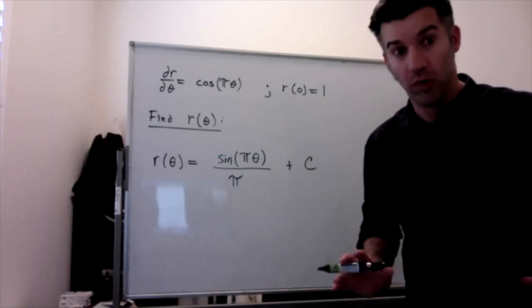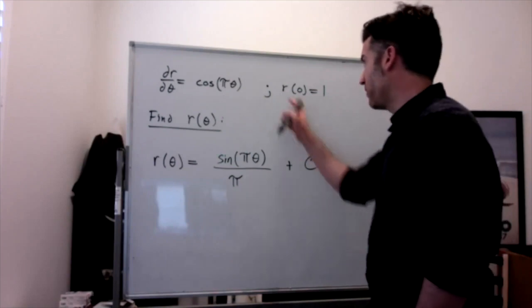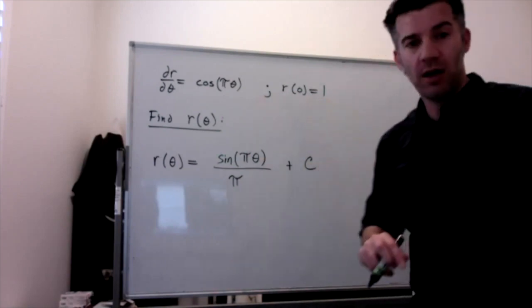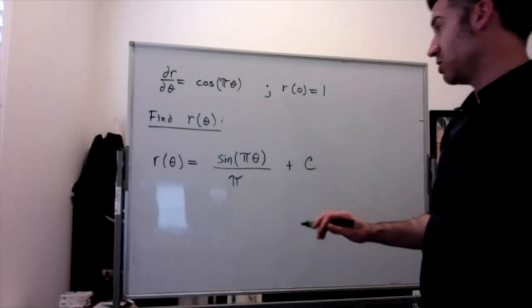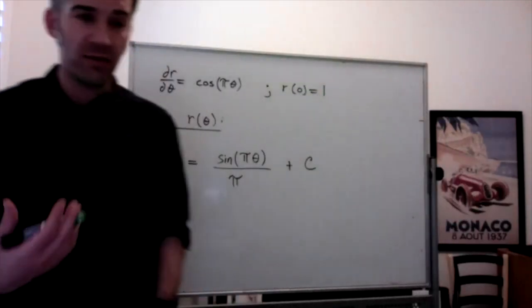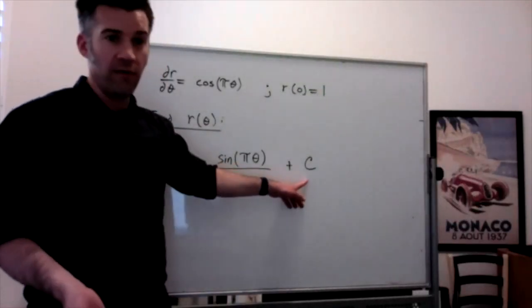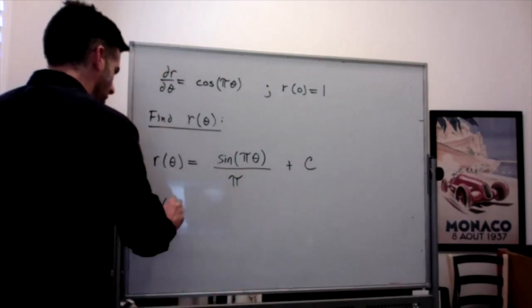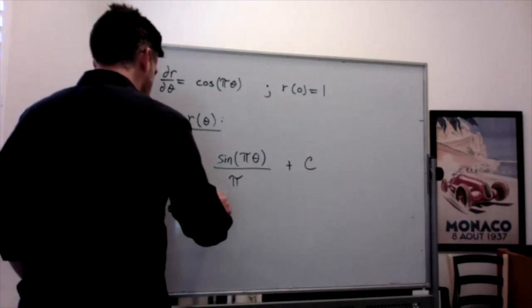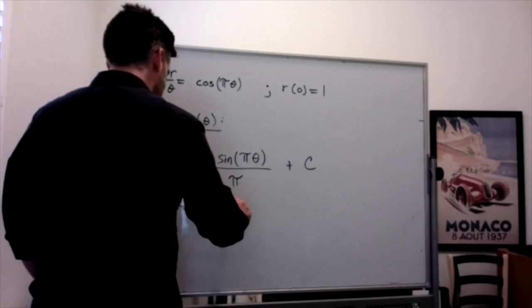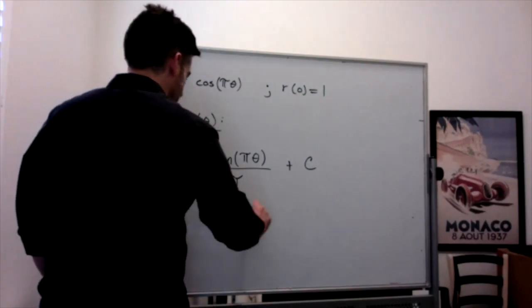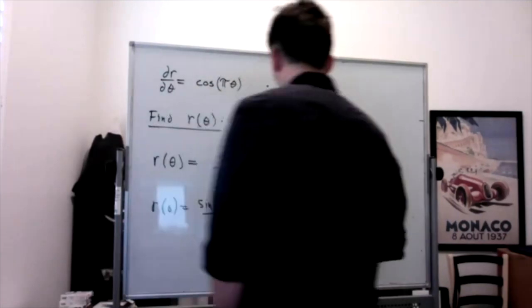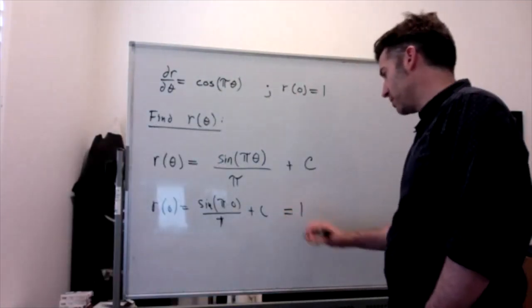It happens all the time. Now we also have to deal with this initial condition. If you have an initial value problem, you're supposed to solve for the plus c. If I plug in 0, r of 0 is sine of pi times 0 over pi plus c, and that's supposed to equal 1.